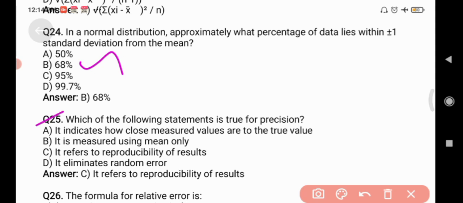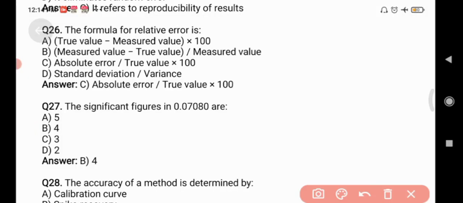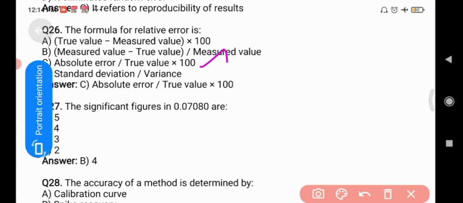Which of the following statements is true for precision? Option C, it refers to reproducibility of results. The formula for relative error is option C, absolute error by true value into 100.